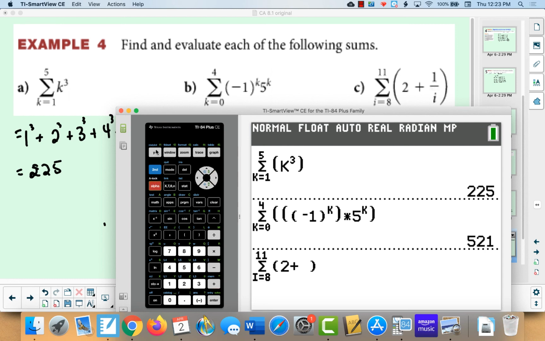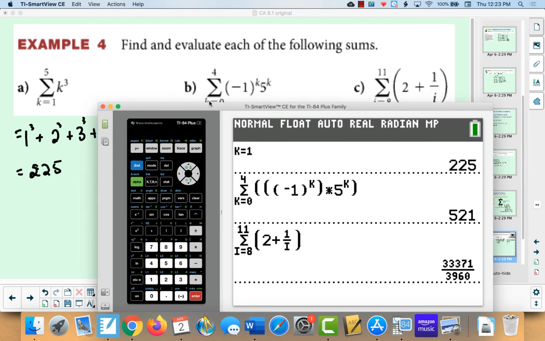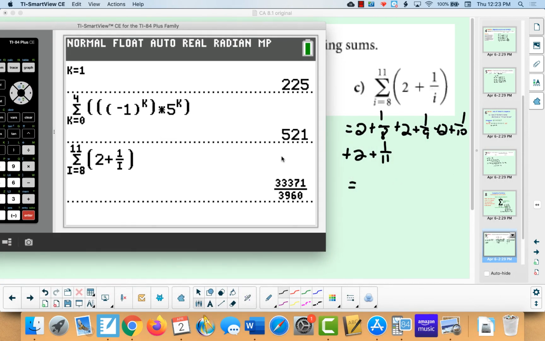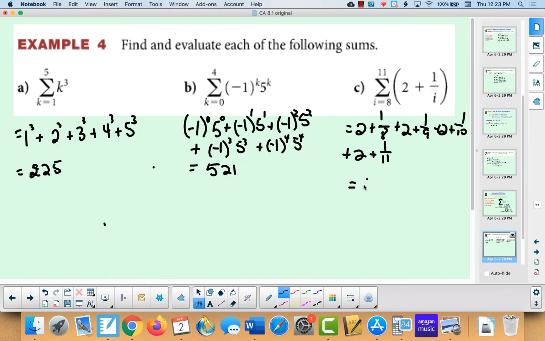So we're going to do alpha y equals and enter to make that fraction. 1. I want I again, so I need to hit alpha and then that x squared again to get I. And that gives me this really ugly fraction, which is 3.3371 over 3.960.